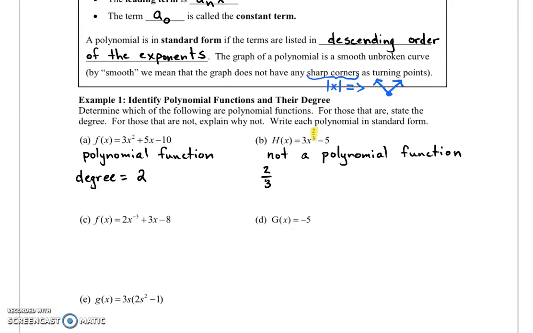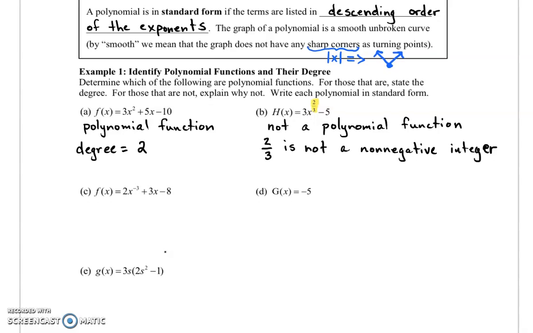Remember, all the exponents have to be non-negative integers. And this is not a non-negative integer. Okay, at this point you should pause the video and try to do the other three on your own, and then restart the video and go through them with me and see if you got them correct.